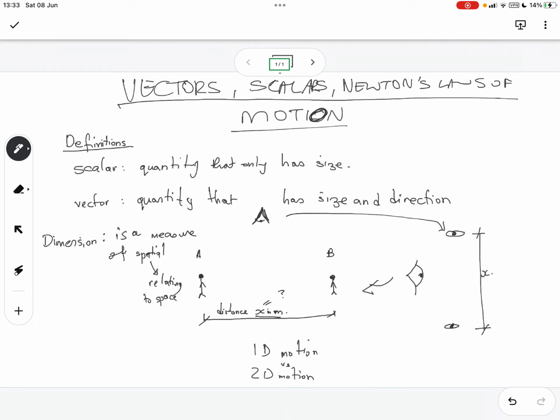And when we get that number, it doesn't really tell us position A relative to B. Is it to the left, to the right? Is it north? Is it south? It doesn't really tell us that. It just tells us that position A is so many units of length far from position B, or position B is so many units of length far from position A. That's all it tells us.